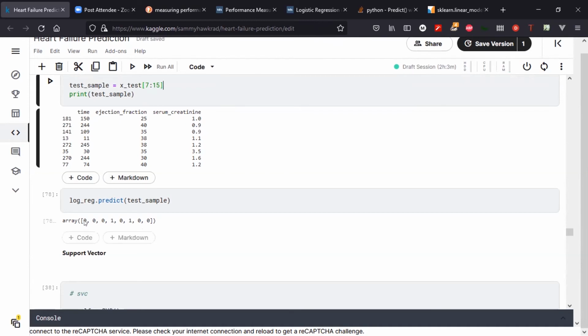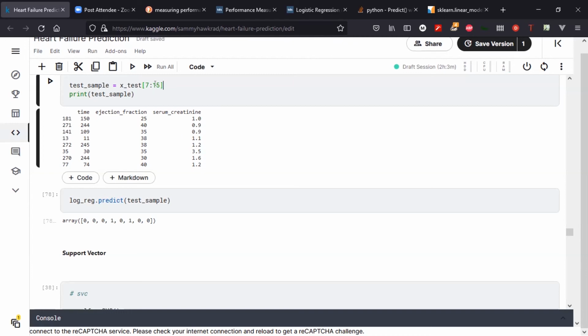The case where the person died was the 4th observation, where the person had time 11, ejection fraction 38, and serum creatinine 1.1.